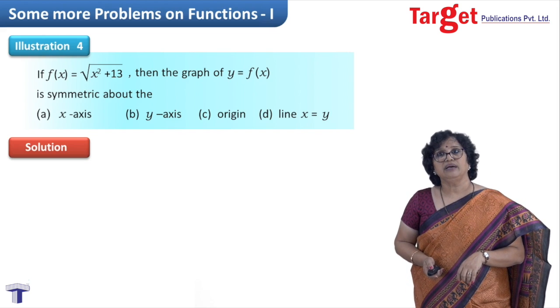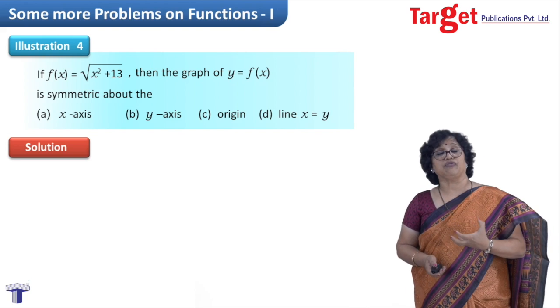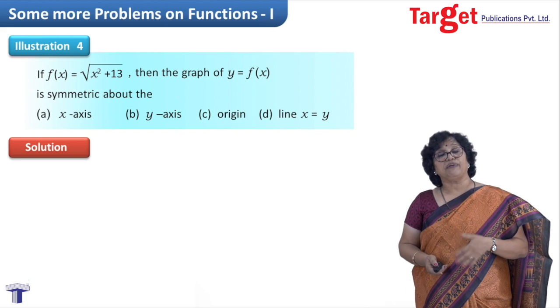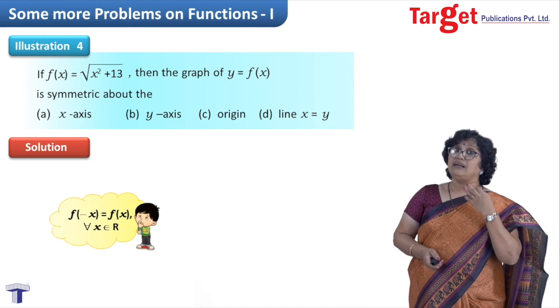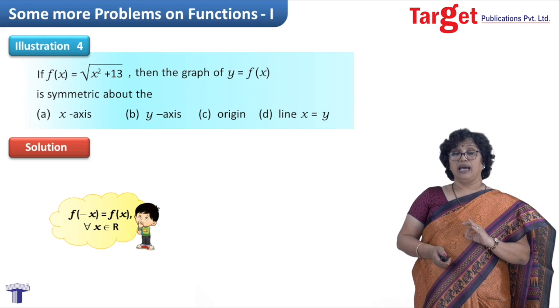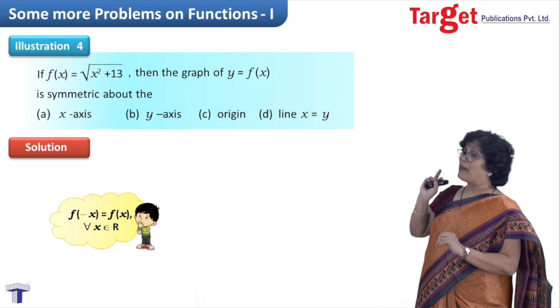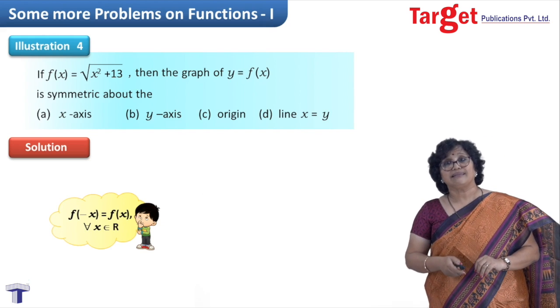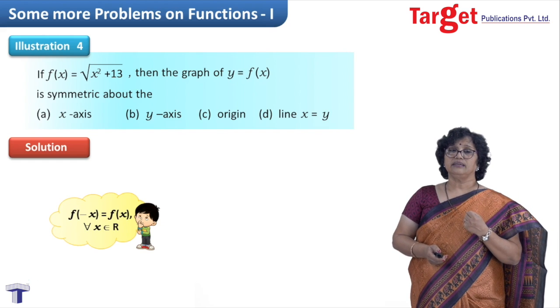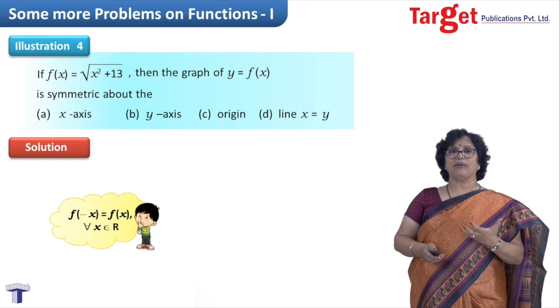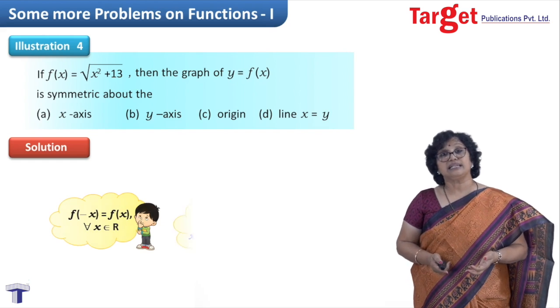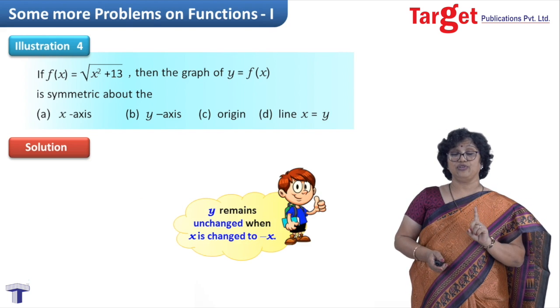And that tells me to look at the nature of the function. Now, what kind of function f is given to you? It is under root x square plus 13. And there I realized that f of minus x would be nothing but f of x. Now, what does that tell? f of minus x equal to f(x) tells that f is an even function.